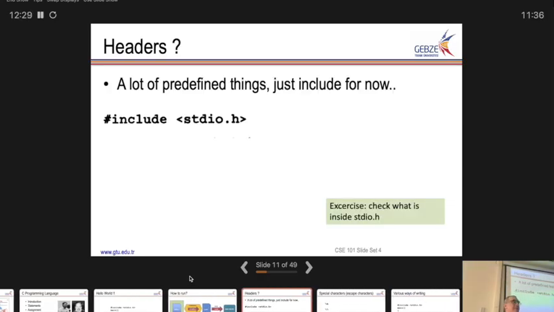In C language, we have something like headers. Headers mean predefined things, predefined things so that the compiler knows. stdio, input and output functions are given in stdio.